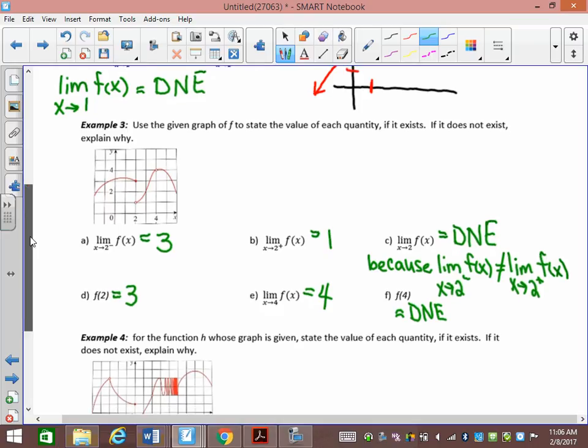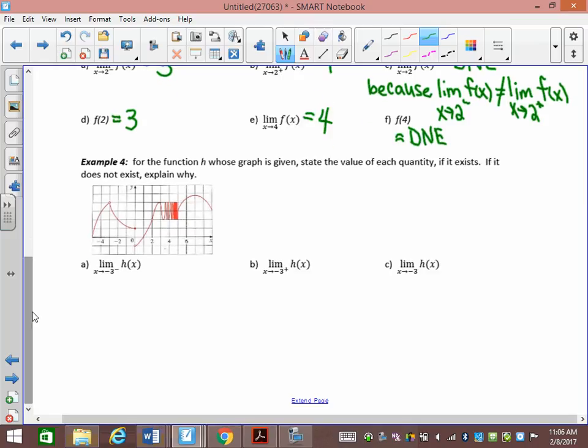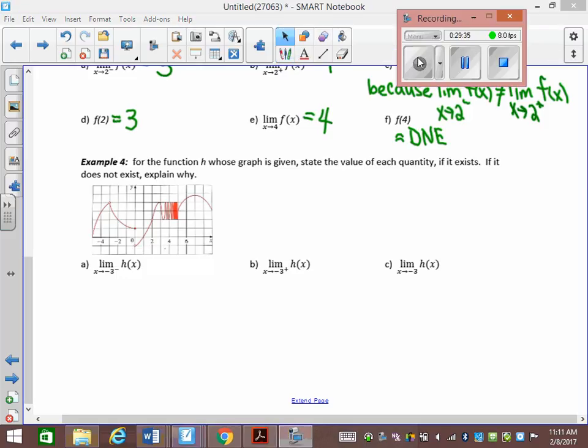All right. Try example 4. Note to self, it continues on the next page. So it's A, B, C, and more. Okay? I'm going to try this one out. So, the limit as x approaches -3 from the left, so I go to -3. From the left, I'm approaching 4.